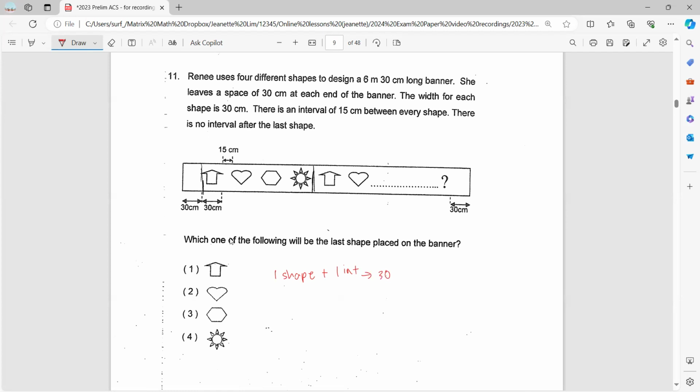I will get 30 cm plus 15 cm, 45 cm. So this portion here is 45 cm. And we know that after every 4 patterns, it will repeat. So I'm trying to find how many groups, which will give me the number of shapes.